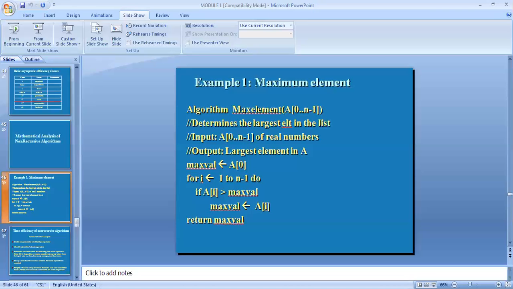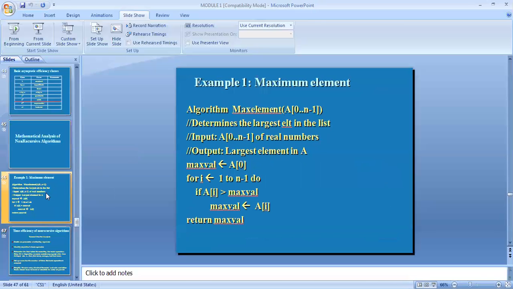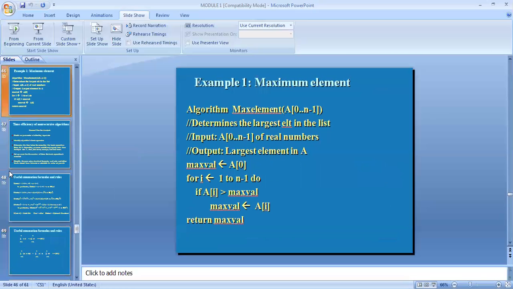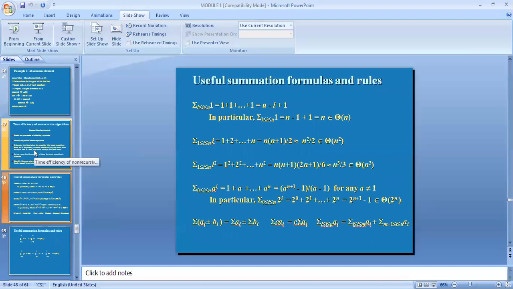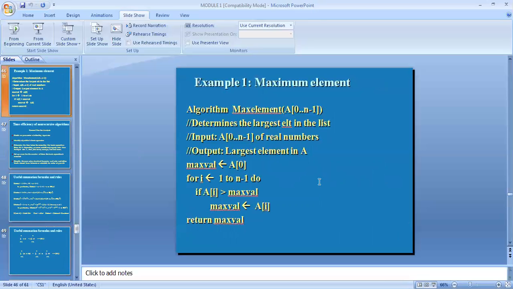Let us denote by C(n) the number of times the comparison is executed.